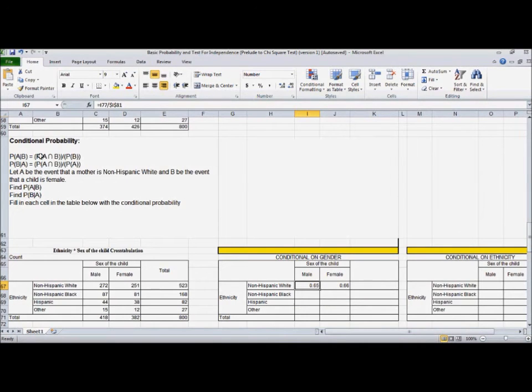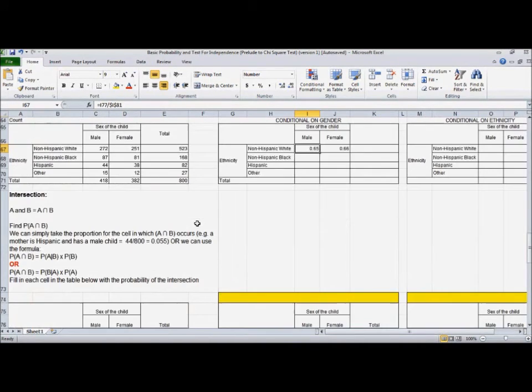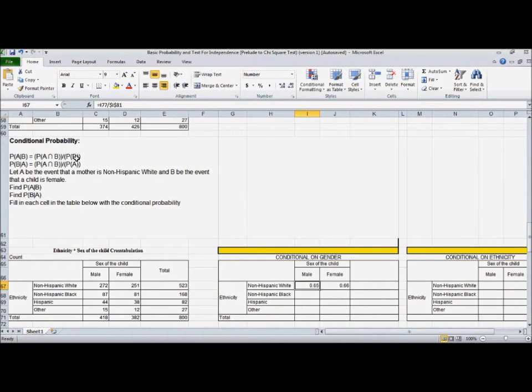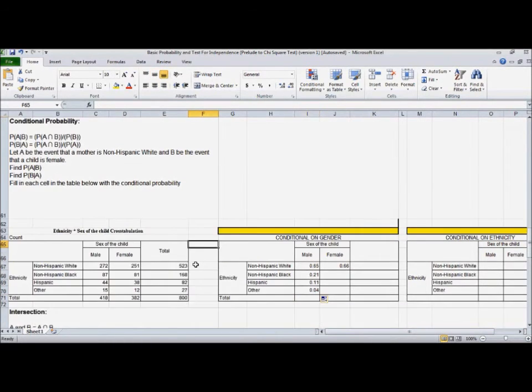That is the full formula, A and B divided by the probability of B. And I'm keeping I81 constant while I move down, because I want to keep dividing by the probability of B. So I can drag that down, and I will get my conditional probabilities. Same thing here, I want to keep J81 constant, and I'm going to drag that down, and I will get all my probabilities.